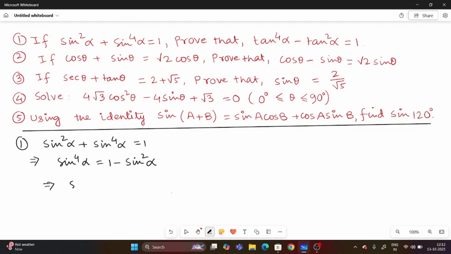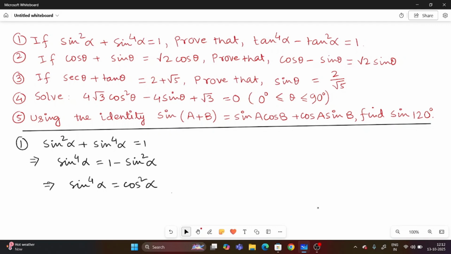That implies sin to the power 4 alpha is equal to cos square alpha. So we get the value of sin to the power 4 alpha as cos square alpha.